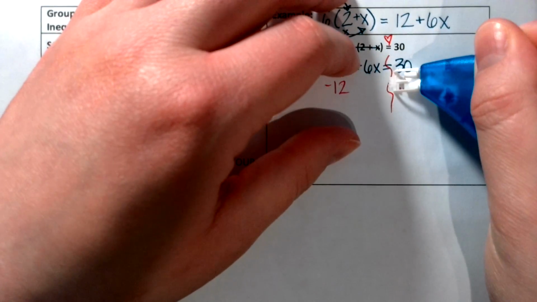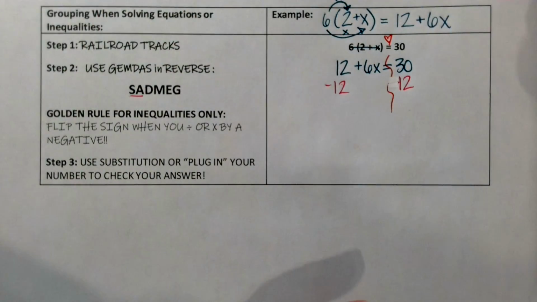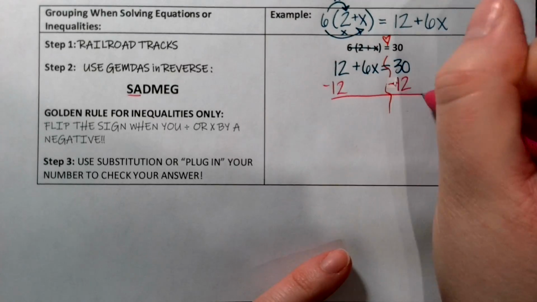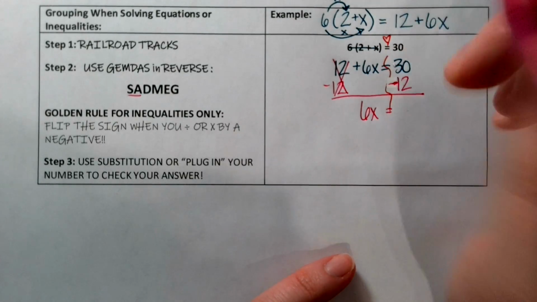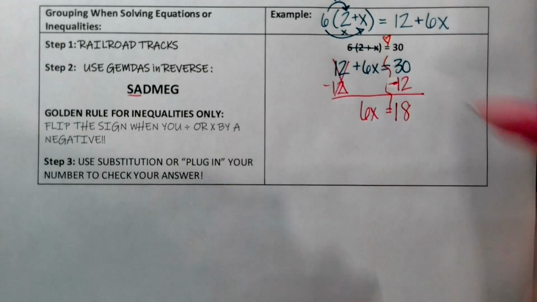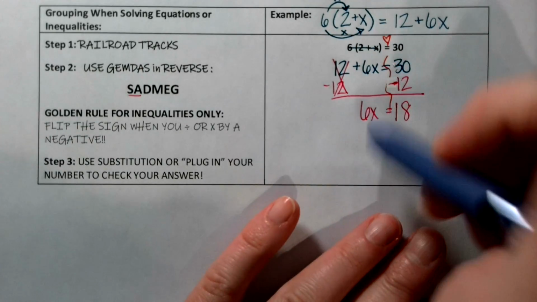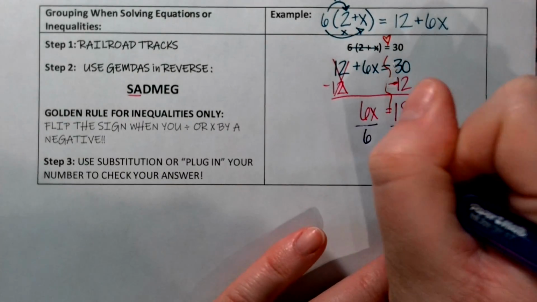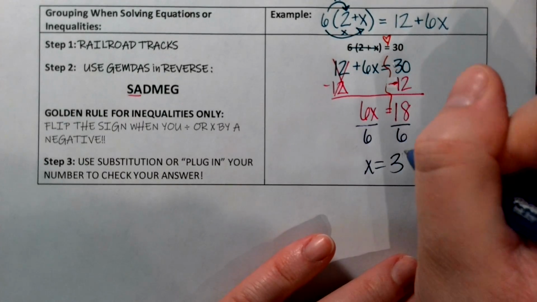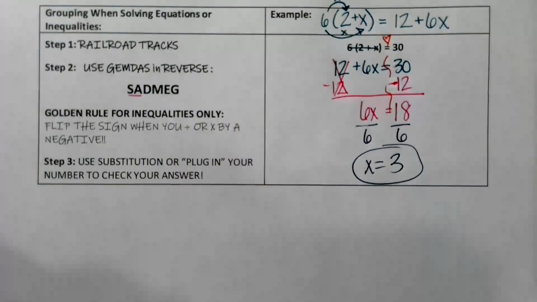Let's fix that real quick. Subtract 12 from both sides. So we get 6x is equal to 18. And then we divide both sides by 6. And we should get that x is equal to 3.